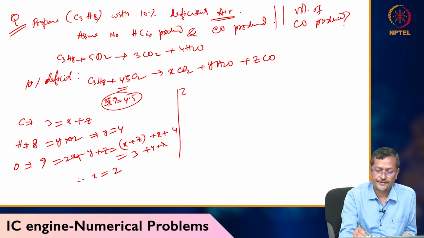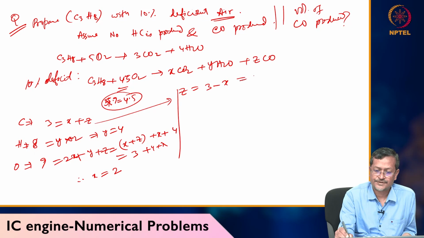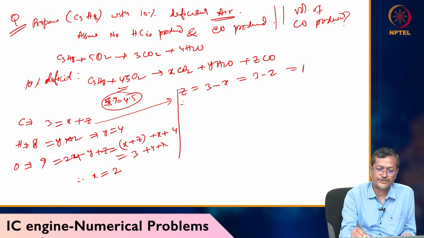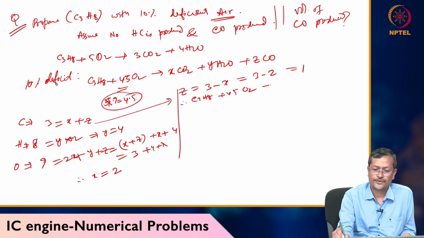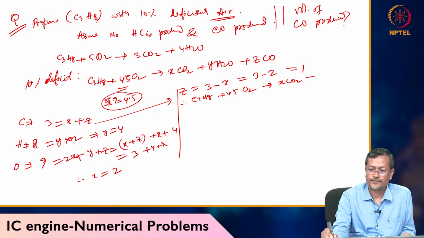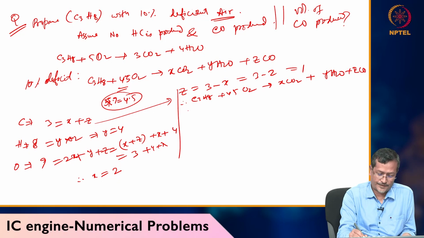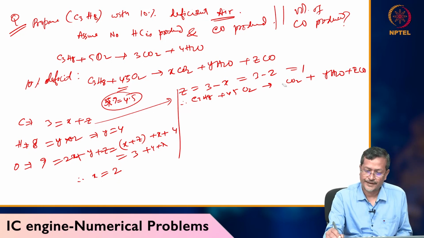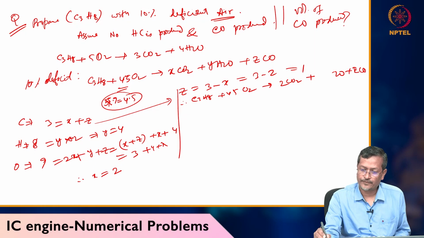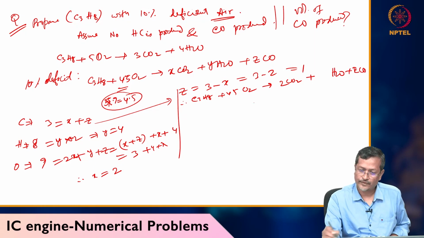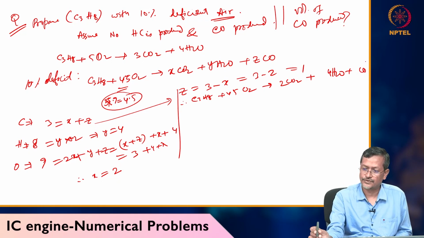Now Z, you see from here, equals 3 minus X equals 3 minus 2 equals 1. So the equation becomes C3H8 plus 4.5 O2 gives X CO2 plus Y H2O plus Z CO. Sorry, the X value you have to put is 2, the Y value I have got is 4, and Z is 1, so CO is 1.